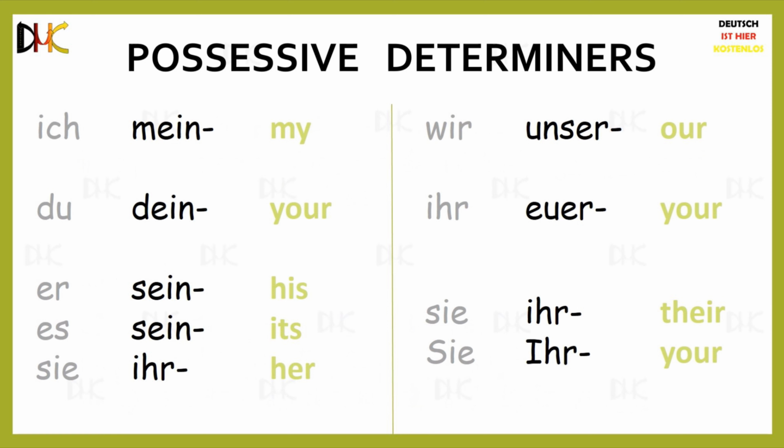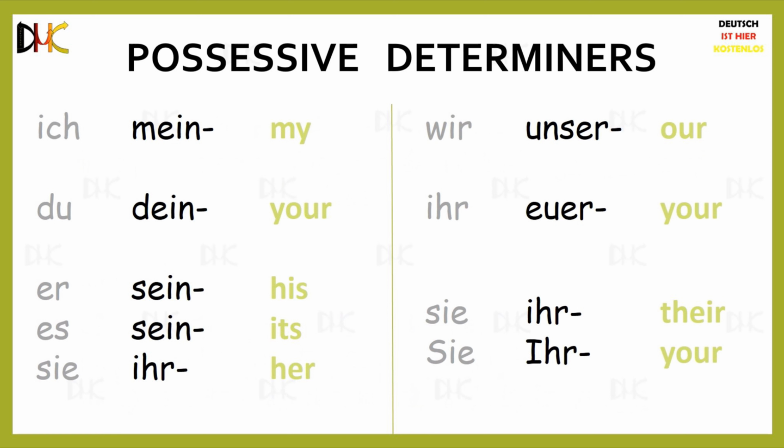Mein means my, dein means your, sein means his, sein also means its, ihr means her, unser means our, euer means your but plural, ihr means their, and capital Ihr means your but with respect, and it can either be singular or plural. You need to remember all 9 of these.